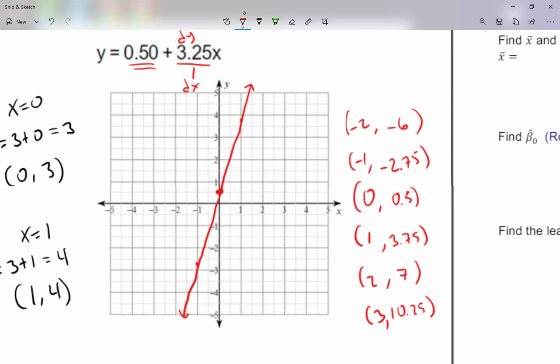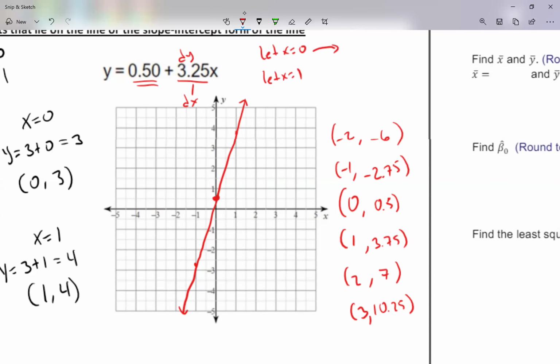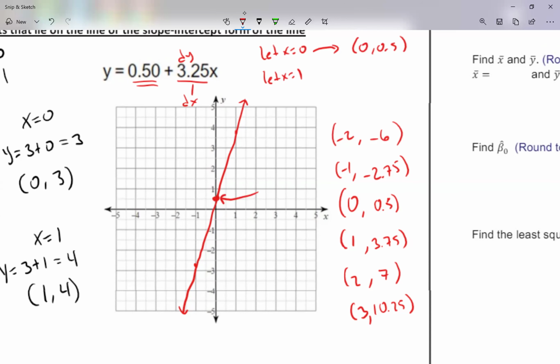Like I said, we're not afraid of decimals. We're in stats. Now you guys are like, okay, I could have done that. Could I have also done the other way you did, Mr. Leonzo? Let x equal 0, let x equal 1. Yeah. If we let x equal 0, it would have given us the point (0, 0.5), which you see there.